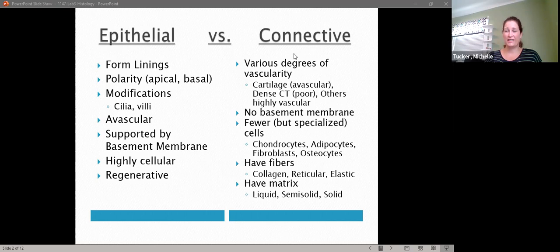They can be fluid like blood. They can be very hard like bone. They include things like cartilage. They will be kind of squishy like adipose tissue. So connective tissues are the catch-all category of everything else.